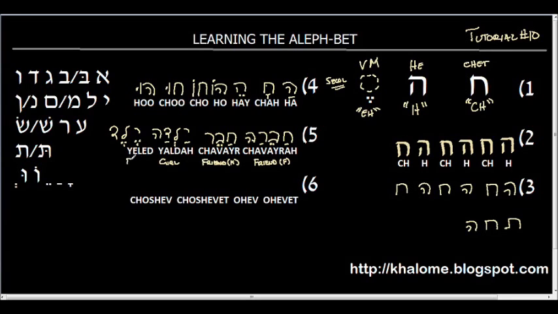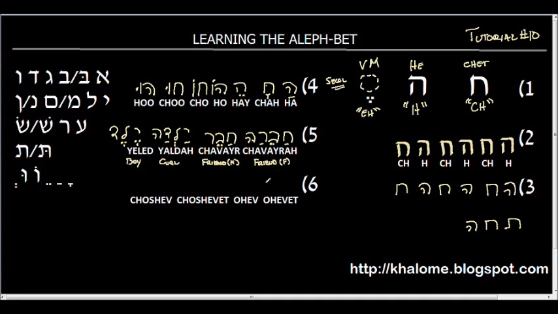So this would be like a little boy, a child. I guess it doesn't necessarily have to always be a little boy or a little girl, but you would think of that. If you're going to say man or woman, you use ish and isha.